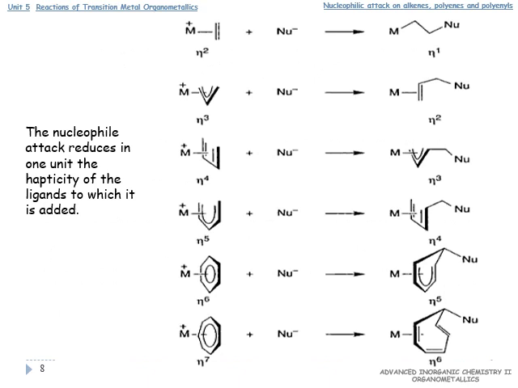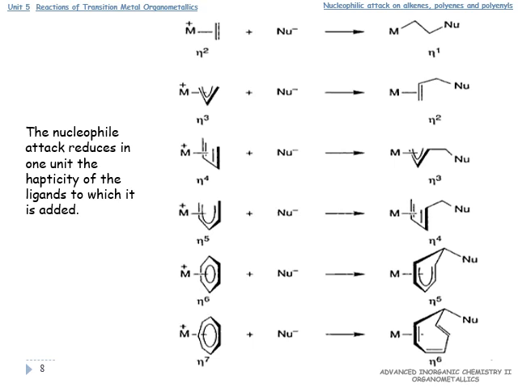The nucleophile attack reduces in 1 unit the hapticity of the ligands to which it is added. Also, in the vast majority of cases, the nucleophile adds to the face of the alkene or polyene opposite to the metal.